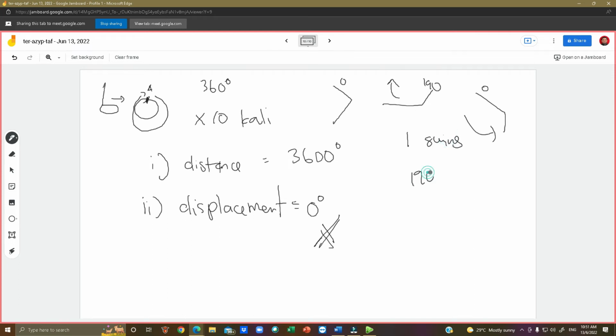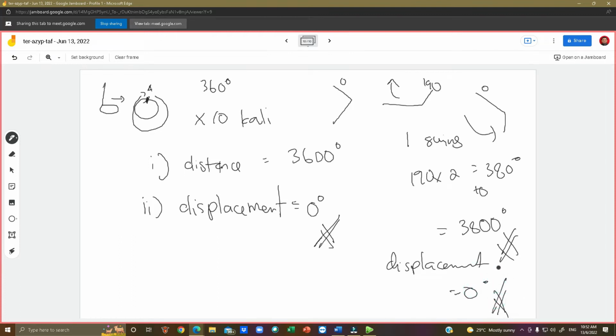So, 190 times 2 becomes 380. Ini distance covered by hip untuk satu swing. So, if the swing is 10, it becomes 3800 degree. 10 kali swing. Ini angular distance. Berapa angular displacement? Start and end at the same place. The displacement will become 0.